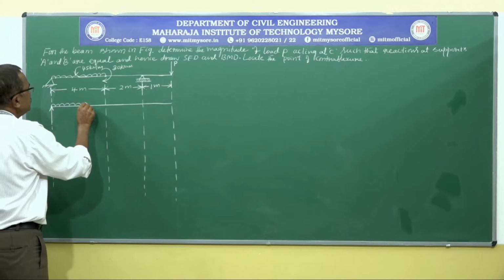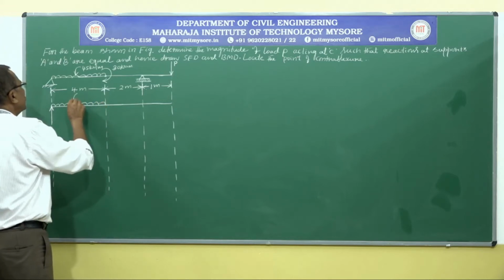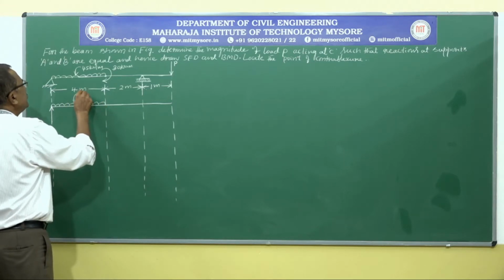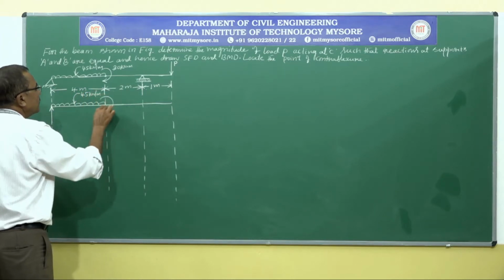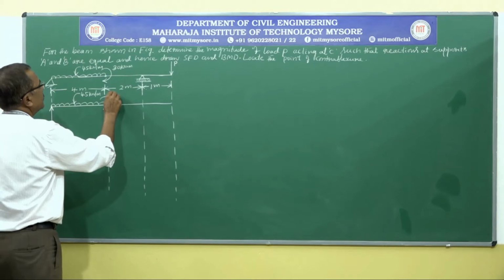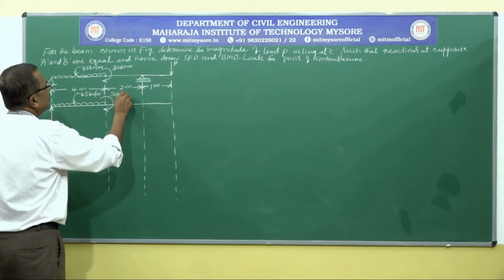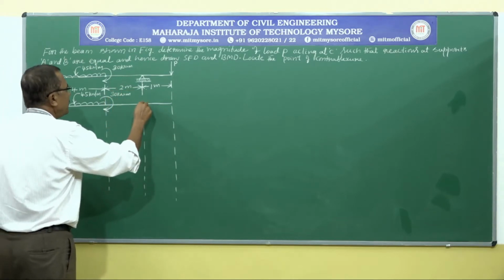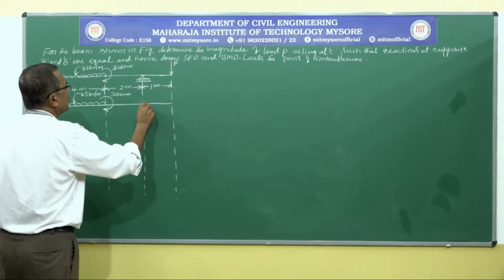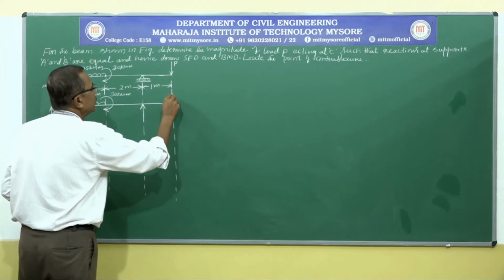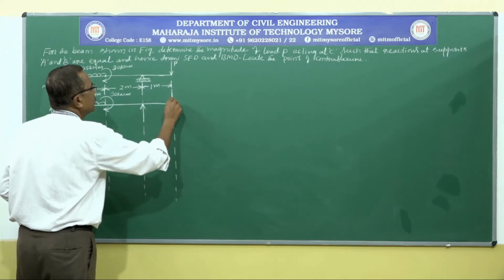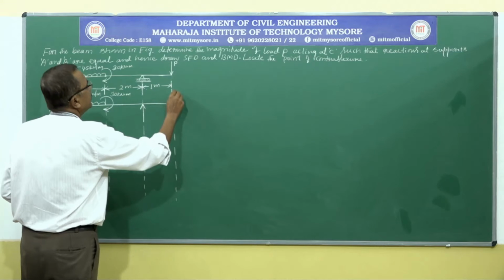Consider the UDL as it is with its intensity 45 kilonewton per meter. Consider the couple also as it is, 30 kilonewton meter. Replace roller by simple support and consider this point load P acting at the free end as it is.